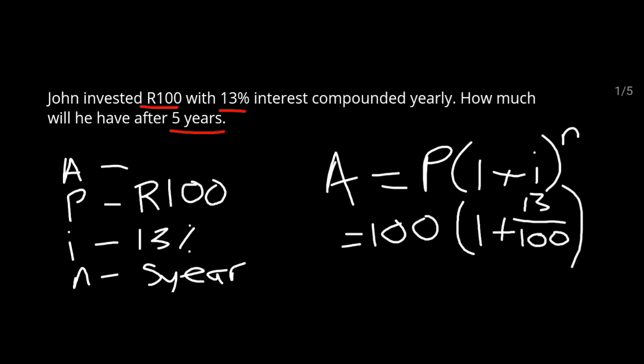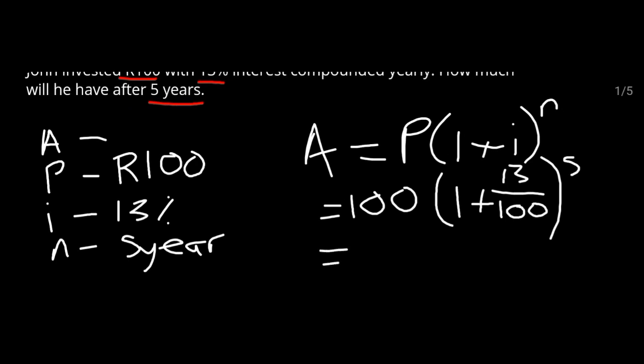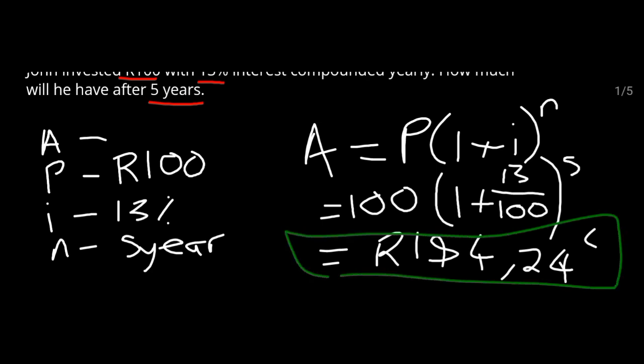Then raise it to the period 5, and I write 5 over there. Then you can just press your calculator: 100 into 1 plus 13 over 100 to the exponent of 5, and you are going to get the value of 184 Rand 24 cents. Remember to round off your answer to 2 decimal places.